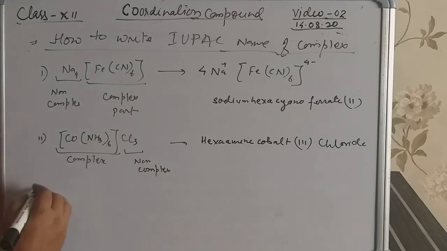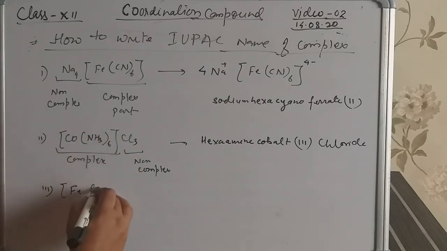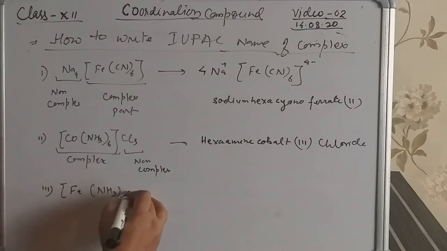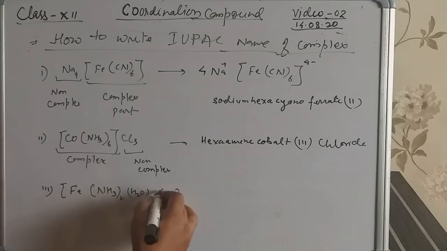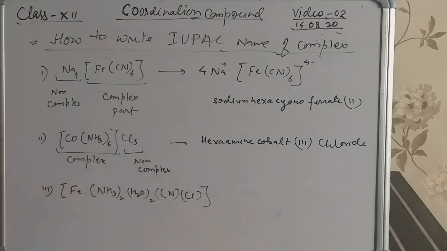Next one: suppose so many ligands are present in the coordination sphere. So how can we write the name of a particular compound? Suppose ammine is present, aqua is present, cyano is present, and chloro is present. So how can we write the name?